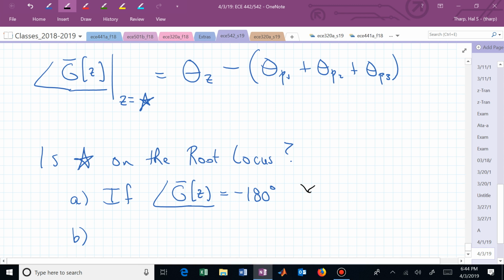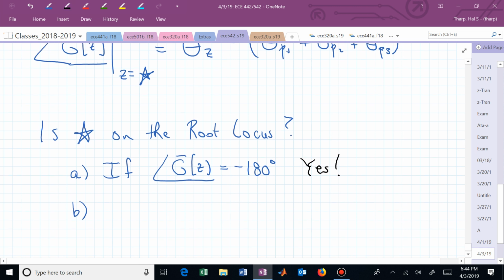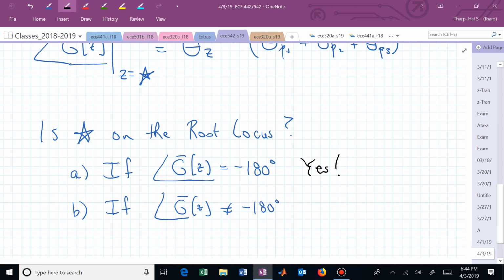Yes, thank you. Didn't take you to stumble, did it? So now if the angle of G bar of Z was not equal to minus 180, then how would you answer? Hopefully it would be an emphatic no, right? So now you're really just looking at the angle.